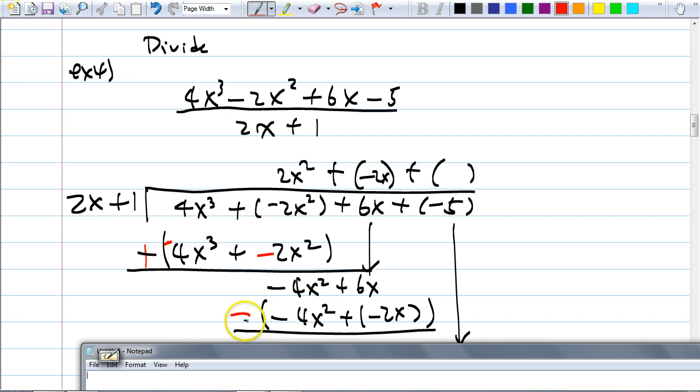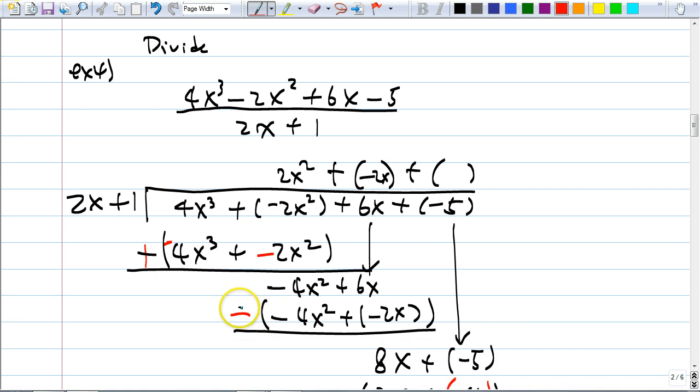This is the negative of this whole thing. What's the opposite of this whole thing? This becomes positive. When you change it to addition, this becomes the opposite of this. What's the opposite of negative 4x squared? Positive. What's the opposite of negative 2x? Positive. Well, what's 6x plus 2x? 8x. Okay, change it to addition then if you're getting confused.